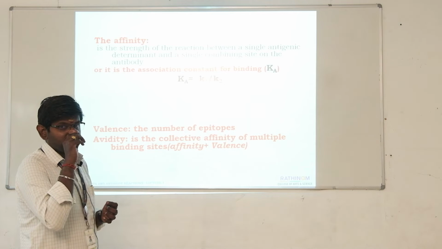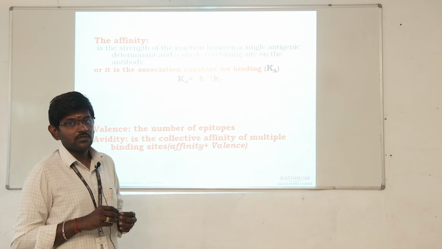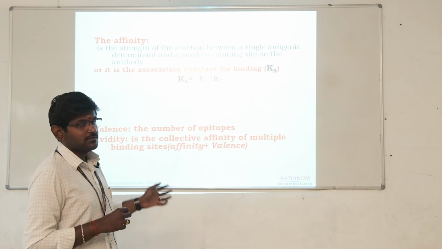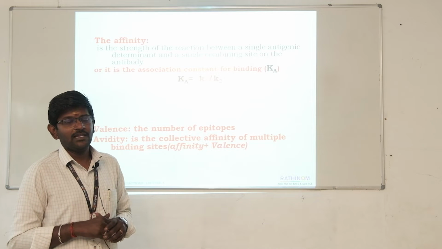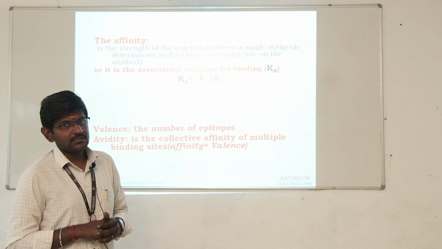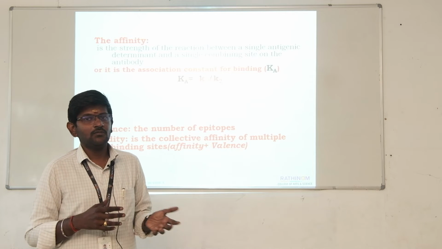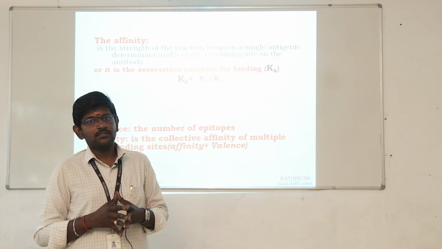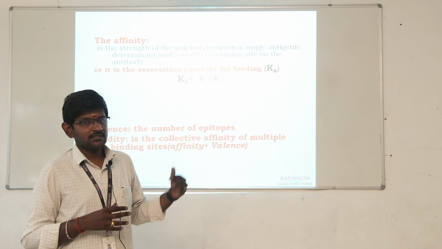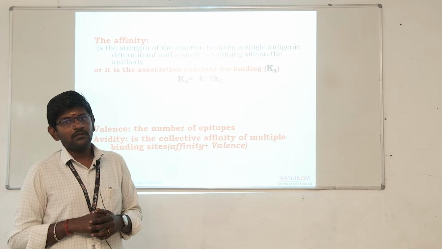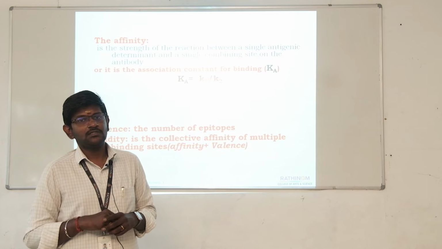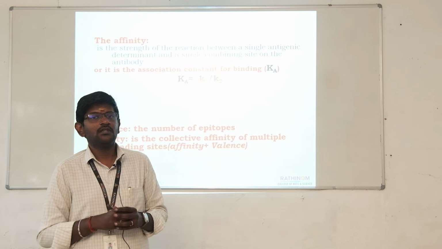Another factor which determines the formation of this antigen antibody interaction is valence. We know the meaning of the word valence. What is valence? Valence is the empty space. In case of an atomic structure, we call it the outermost orbital which has the electrons in it, whereas in case of an antibody, valence represents the number of empty spaces that are available for an antigen to interact with.